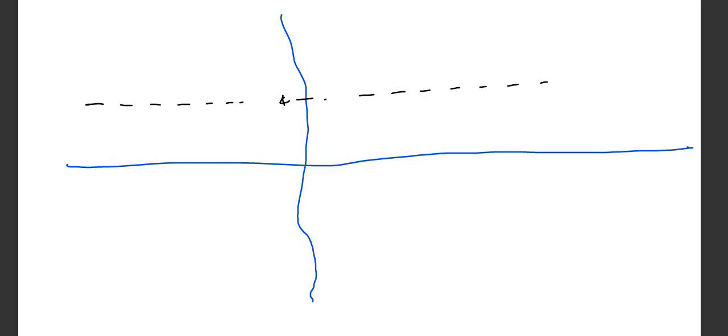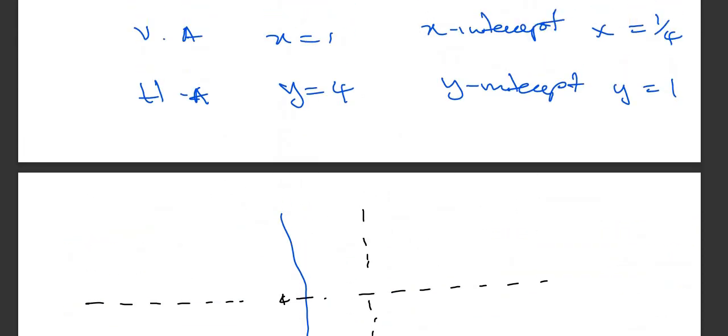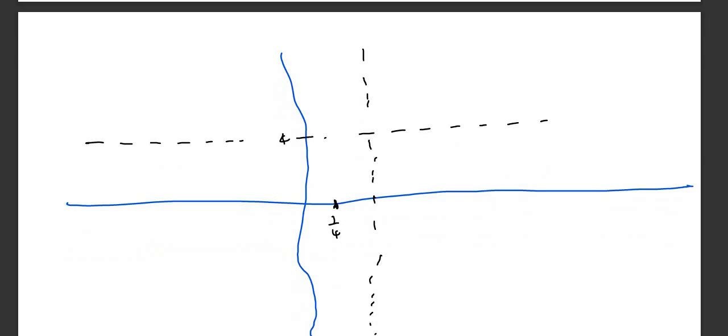And we should also never touch 1. There's a 1 here. We should never cross this line. In calculus, we'll be crossing them, but for now we won't. When you look at limits in calculus, we'll be able to. Then here there's a 1 over 4, which is before 1, so I'll put my 1 over 4 here. And then there's y is equal to 1. 1 is below 4, so there's a 1 here, right?